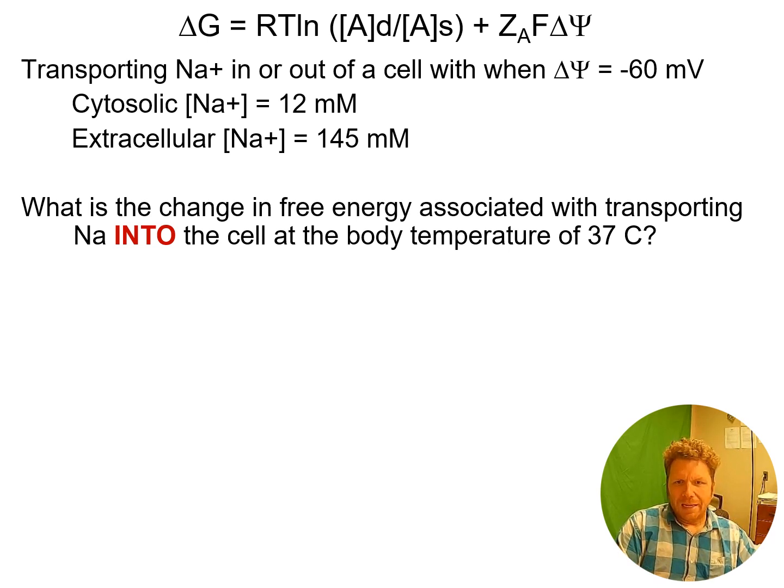Now, transporting sodium ions in and out of a cell with a delta psi of negative 60 millivolts. Our cytosolic Na is 12 millimolar, and our extracellular Na is 145.